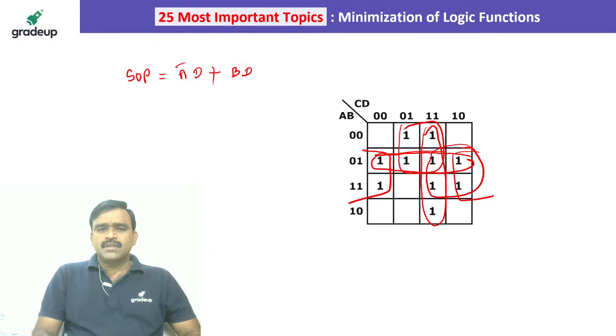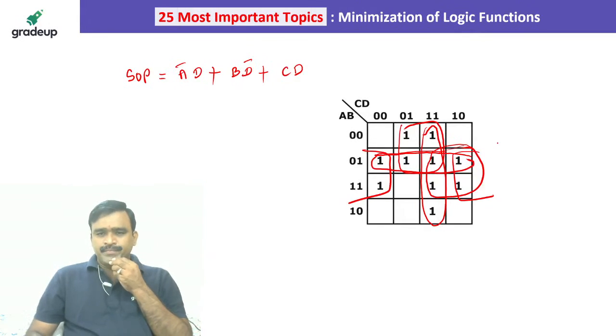B D bar is one thing, plus A bar D plus these 4 corner ones B D bar, and this third column comes under C D. Actually these are the 3 terms. In addition to that, these also combined and this is also combined. Total 5 prime implicants we got.